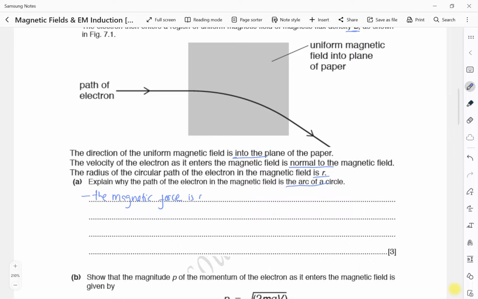is constant and always perpendicular to the velocity, or perpendicular to the direction of motion.